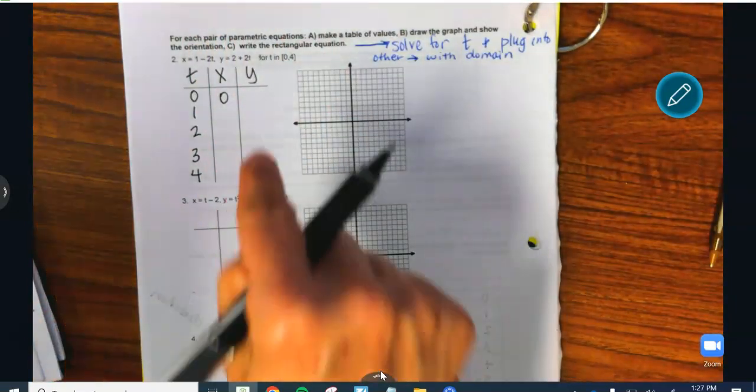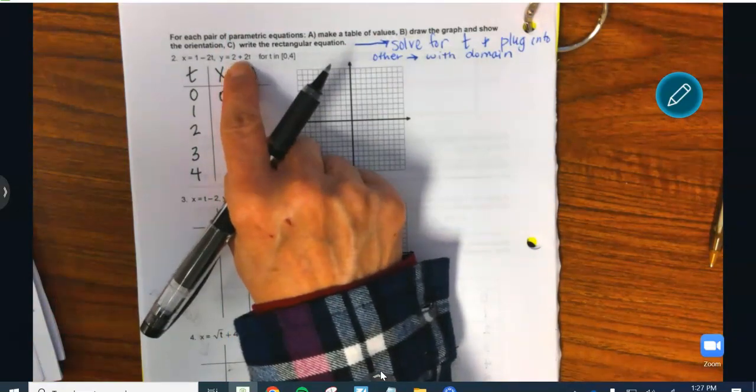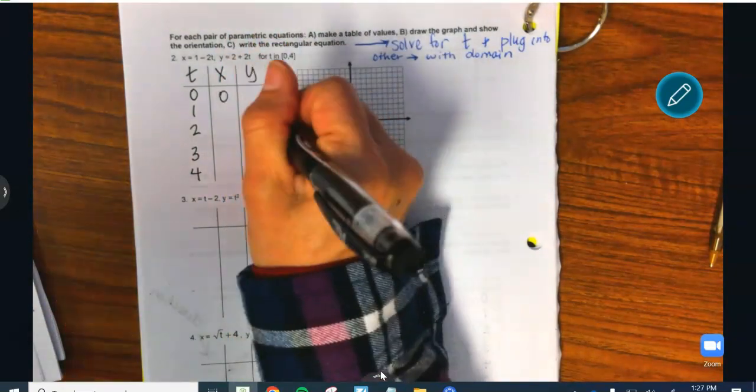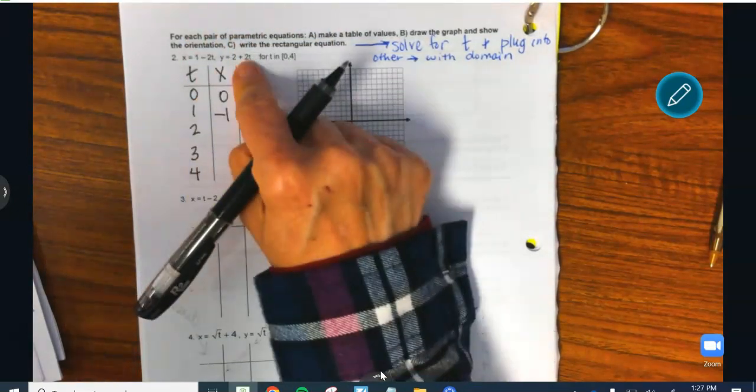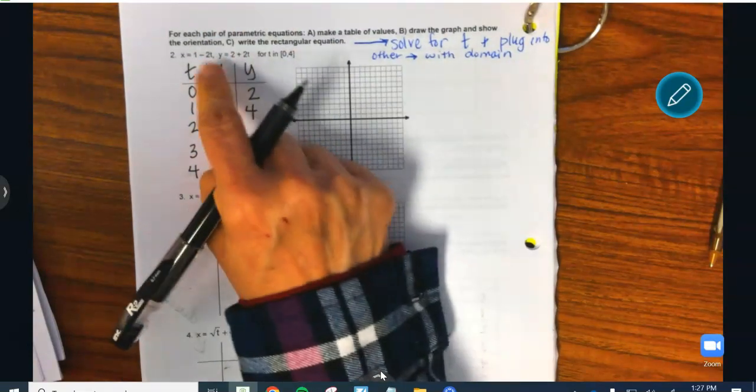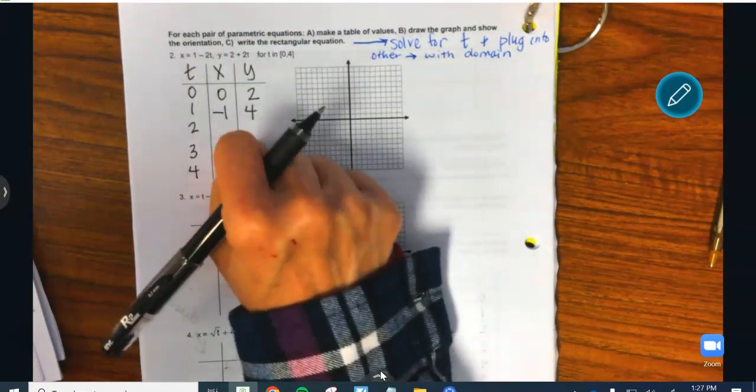When we plug in 0 right here, that's going to be 1 minus 0. And of course, that's just 0. When we plug in 0 right here, that's just going to be 2 plus 0, which is 2. When we plug in 1, that's going to be 2 minus 1. That's going to be 2 plus 2. Go ahead and plug these in, guys.